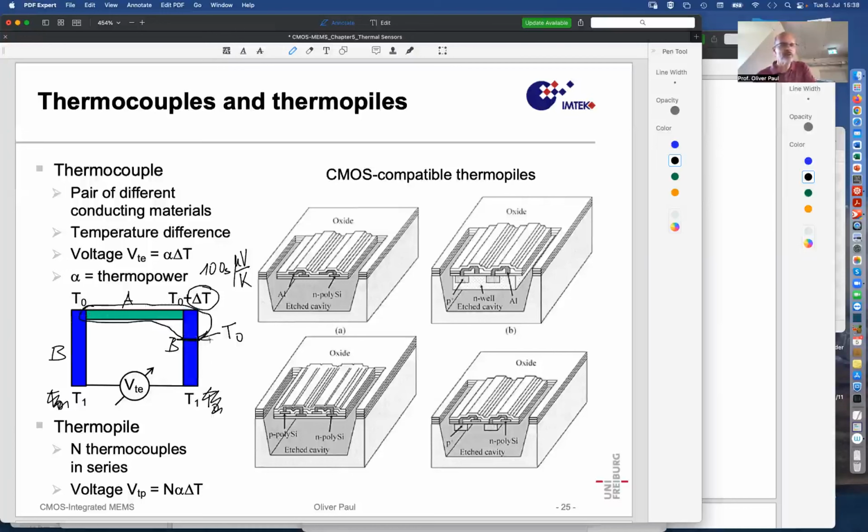A and B go from T0 to T0 plus delta T. And what happens here in material B from T0 to T1 and here from T1 to T0 doesn't play a role, because it's the same material exposed to the same temperature difference, and it produces a thermoelectric voltage that just cancels. So it doesn't play a role. We can put any temperature here, fortunately.